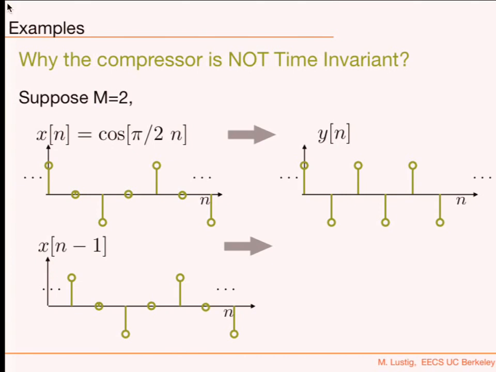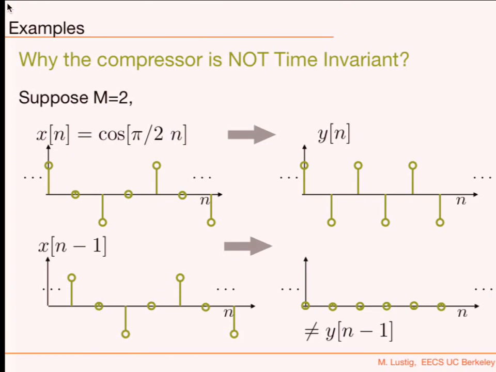So it's a very useful one. If we shifted by 1, what would happen? If I shifted by 1, then now I'm sampling the zeros. Obviously, we've got a problem. It's not time invariant, okay? So if I shifted, the output is not shifted. It's just dead.